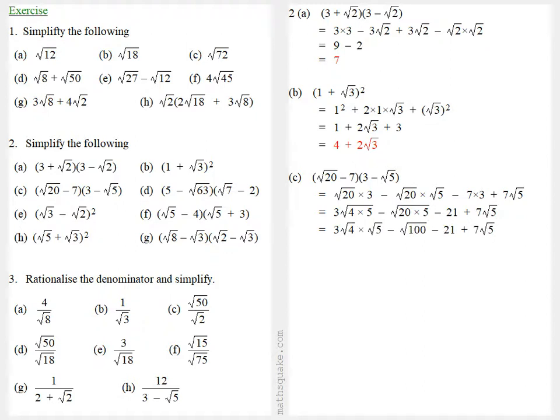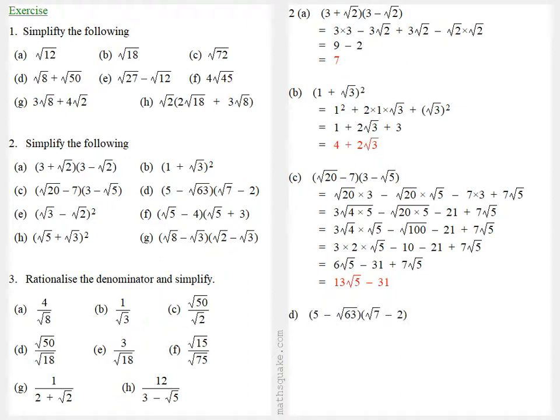Well, that's 3 root 4 times root 5 minus root 100 minus 21 plus 7 root 5, which is 3 times 2 times root 5 minus 10 minus 21 plus 7 root 5, which is 6 root 5 minus 31 plus 7 root 5, which is 13 root 5 minus 31.